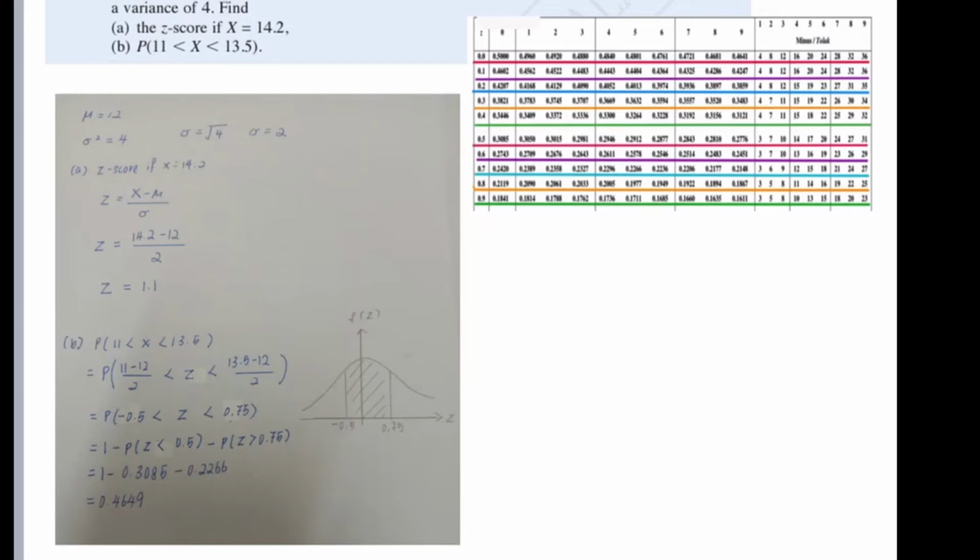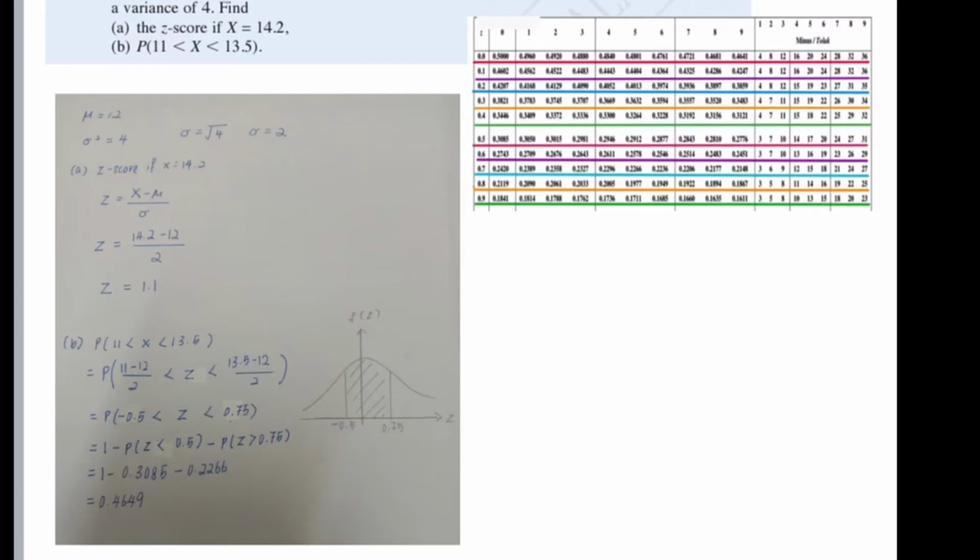So I find the z-score if x equals 14.2. I use the formula z equals x minus mean over standard deviation. z equals 14.2 minus 12 over 2, so z equals 1.1.